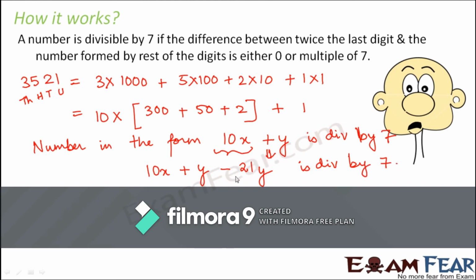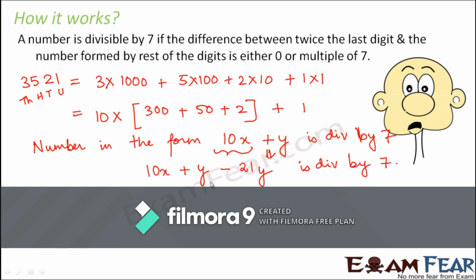Why? Because 21 is a multiple of 7. So 21y, this term is divisible by 7. So if 10x plus y is divisible by 7, then 10x plus y minus 21y is also divisible by 7, because I have just added an additional term which is already divisible by 7.